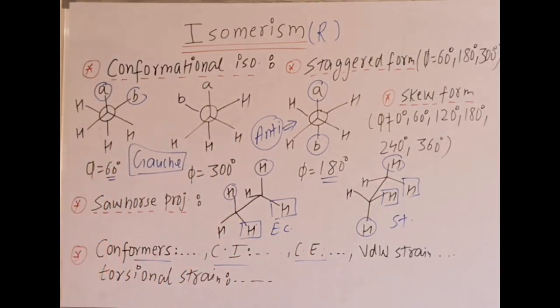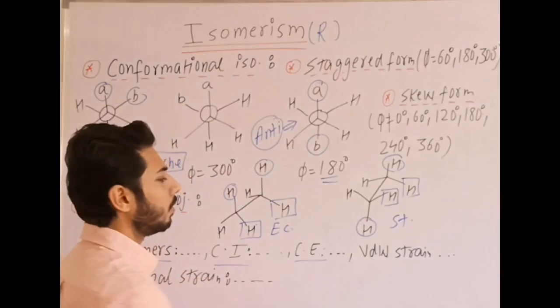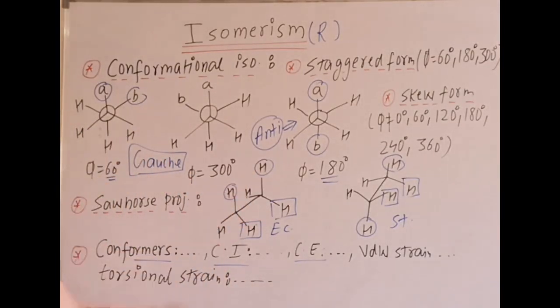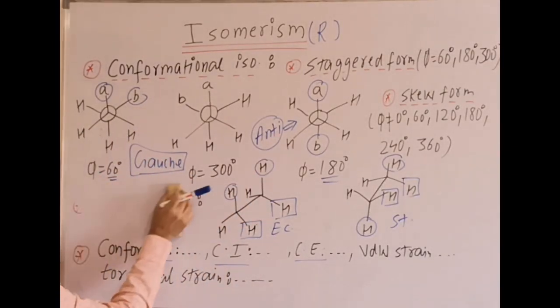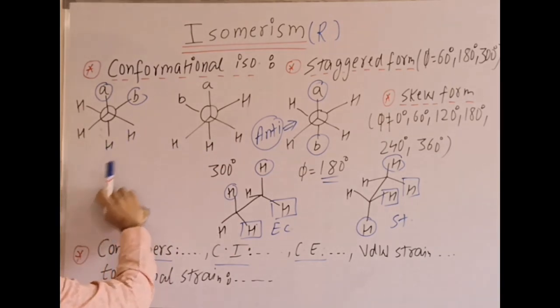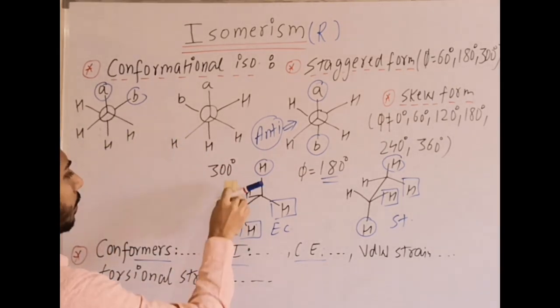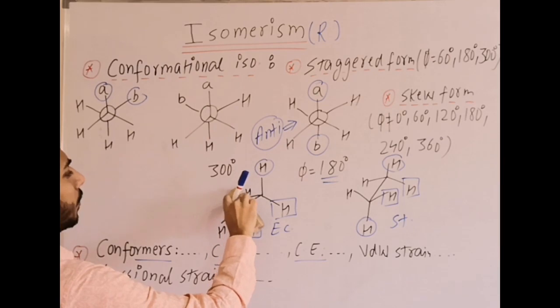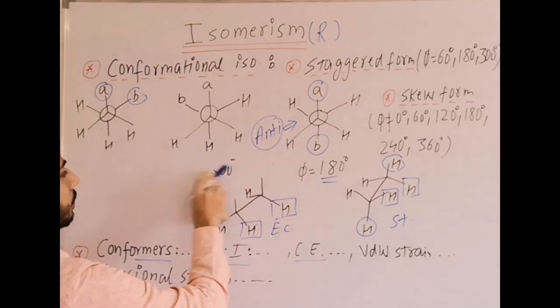Then the next term is van der Waals strain. Van der Waals strain means, suppose I am talking about this example. Suppose I am substituting here two groups.